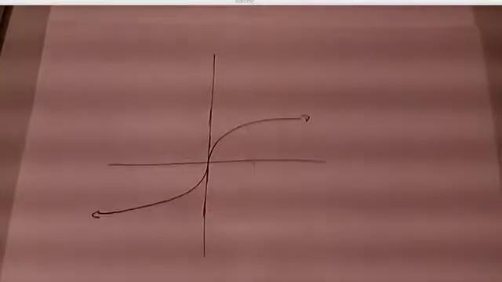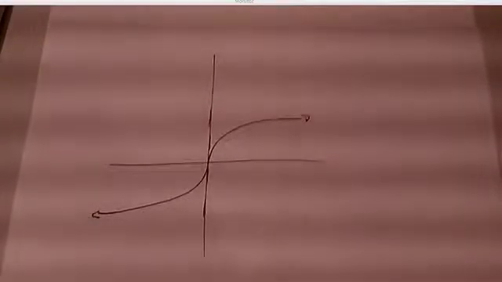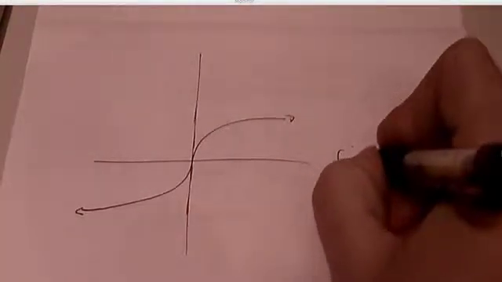Right at x equals 0, for a split second, it goes vertical. Because it goes vertical right there, and we know that a vertical slope is an undefined slope, we can say that that function is not differentiable at x equals 0. We've done this in terms of finding the derivative, right?